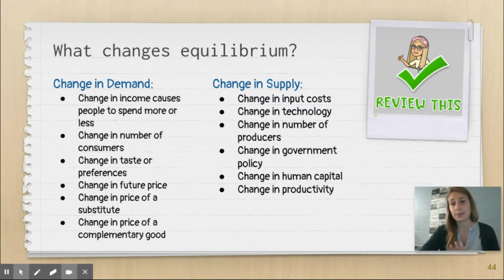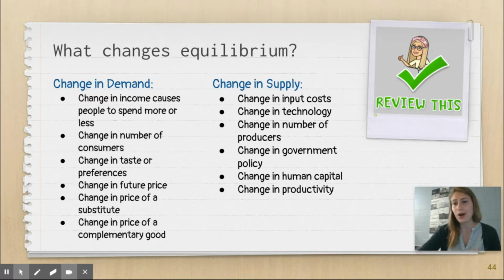When we look at a change in supply, we're looking at input costs, we're looking at technology, we're looking at the number of producers. Remember, we had an example where we were looking at the number of people producing cars, and when that decreased, our supply decreased. So that really affects our supply in total. A change in government policy, whether that's the government helping, the government increasing taxes, this can affect our supply too.